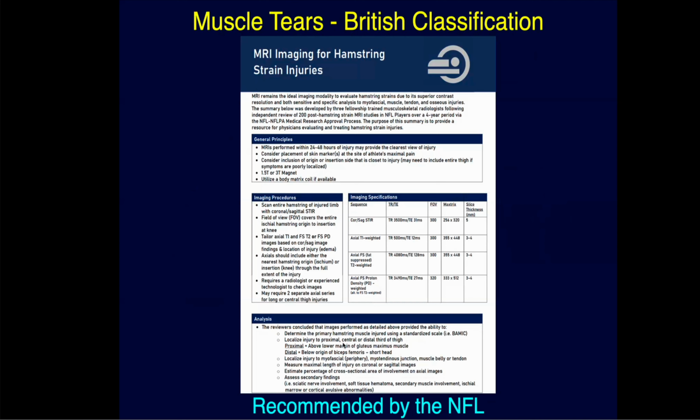determine where the injury is localized, proximal or distal, and whether it involves primarily the myofascia or the periphery or the myotendinous areas, myotendinous being more severe than just the peripheral lesions, measure the approximate length, estimate the cross-sectional area, the involvement of the edema on the edema-sensitive images, and then assess any secondary findings, including neurologic involvement, which I'll talk briefly about in a minute, soft tissue hematomas, and secondary muscle involvement.